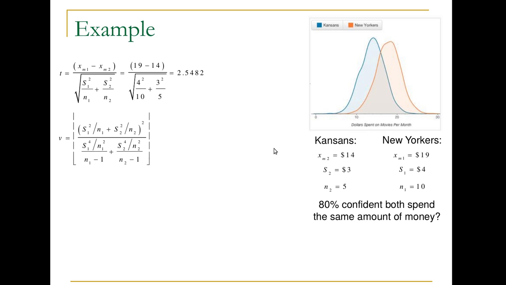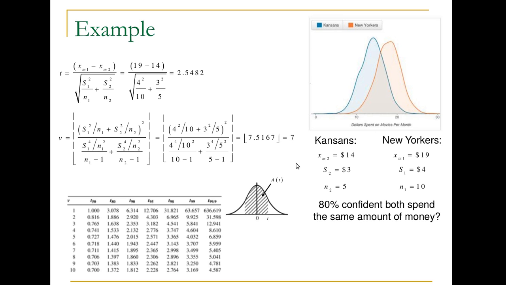Okay, we'll start by computing the actual value of t, so the difference between our sample means and then this value for sample standard deviation. We come up with 2.5. Nu is computed like this according to standard deviation and n, and we come up with 7.51. Now this value is always rounded down for the t-test, so 7 is our value for nu.